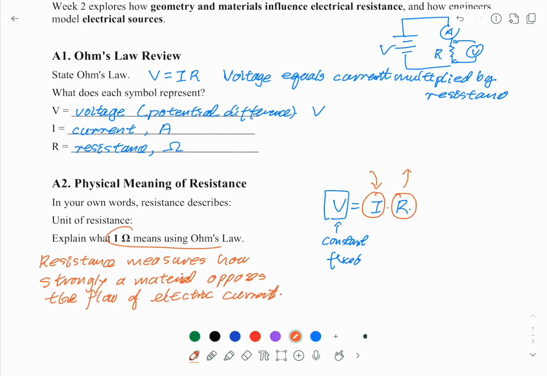What I mean is, if you look at R equal to V over I, 1 ohm means 1 volt per 1 ampere.